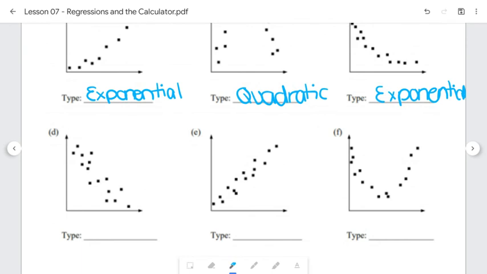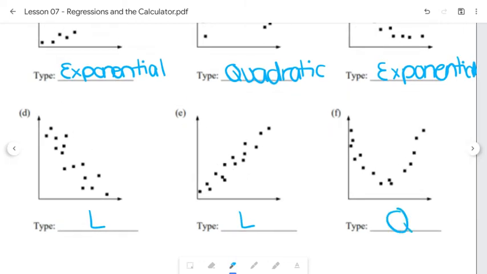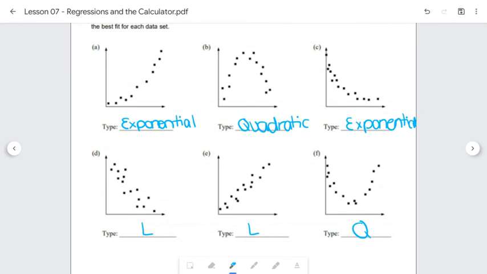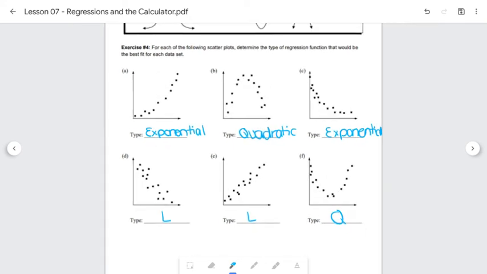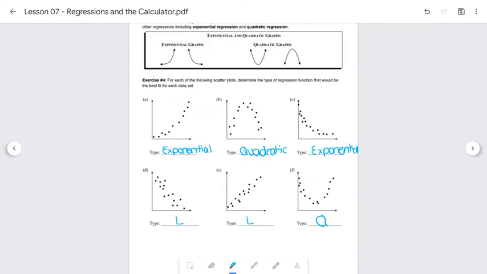Then D looks more like a line to me, so that looks linear. I would say linear again for E, and then quadratic. Smiley or frowny faces, remember, are quadratics. Anything that starts low and ends rapidly up. And then a line. So we could have those as well.